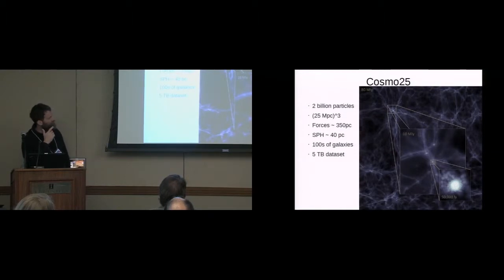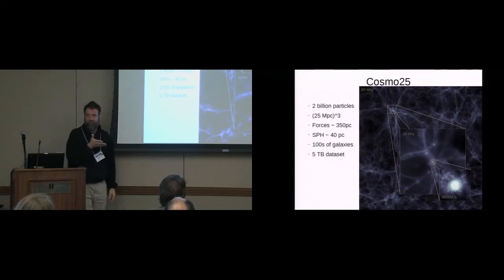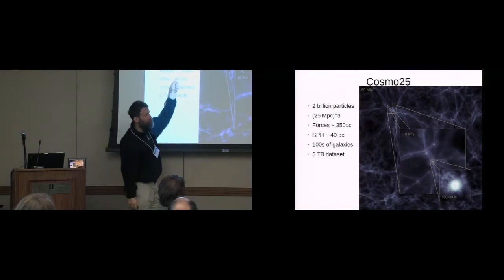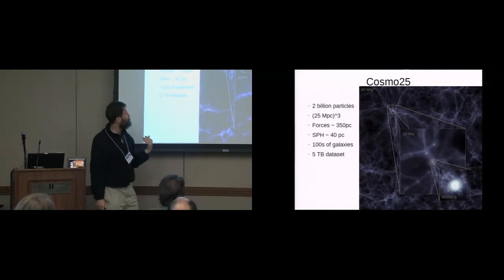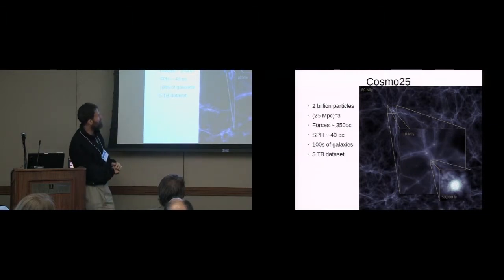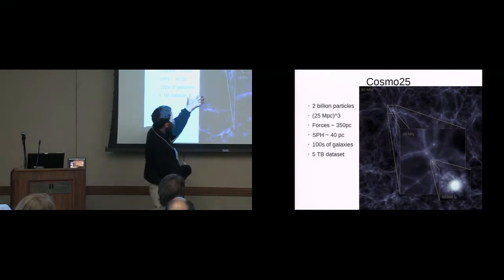And we've run this Pathfinder simulation at basically 1/10 of our ultimate resolution, with just 2 billion particles. We have force resolution, we'd like to get better, and it's an SPH simulation. The SPH forces are slightly harder, and in this volume, you have an example here.